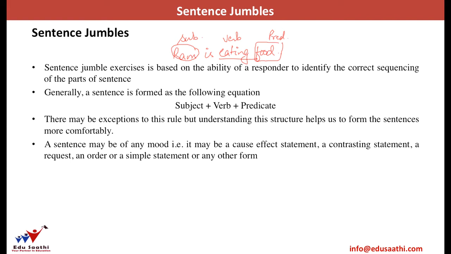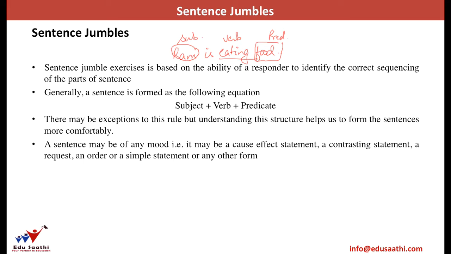Now, yet again, a sentence may be of any mood. It may be a cause effect statement, like because it was raining, I preferred to commute by the car. Now, this is a cause effect statement, that there was a cause that it was raining, and what was the effect, that I went by a car. It may be a contrasting sentence, although the government is efficient, still there is a lag in the haves and have nots.